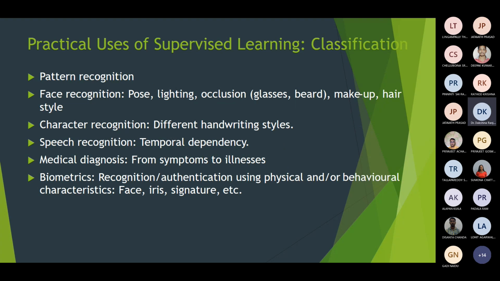Now, a few other classification examples. One is pattern recognition. In pattern recognition, we can have different patterns or different objects that we have to recognize. If we have an image with a number of patterns or objects, then we have to recognize those objects or patterns in the image.